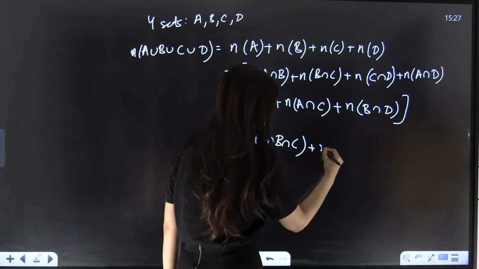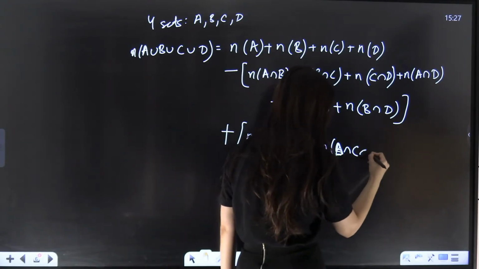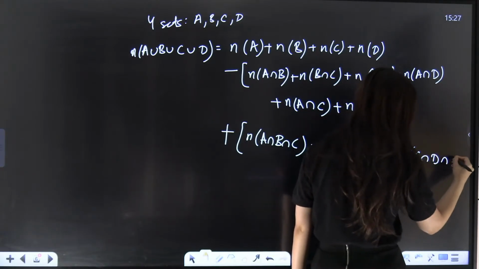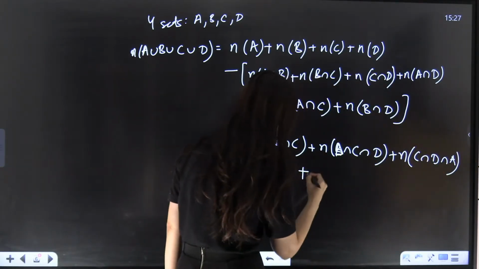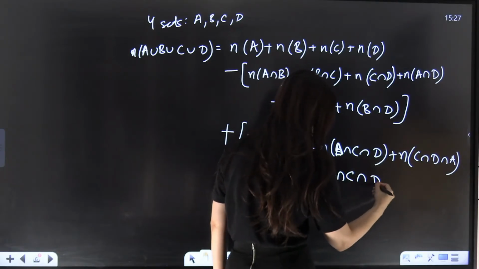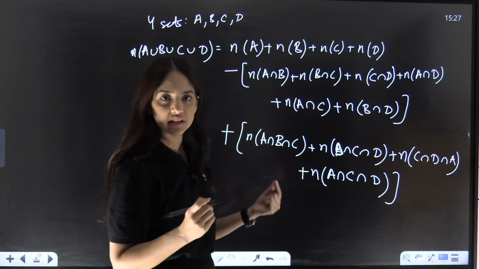triplets. So A intersection B intersection C, B intersection C intersection D, C intersection D intersection A, and A intersection C intersection D. Basically, we're leaving out 1. If we're taking 3, we're skipping 1.